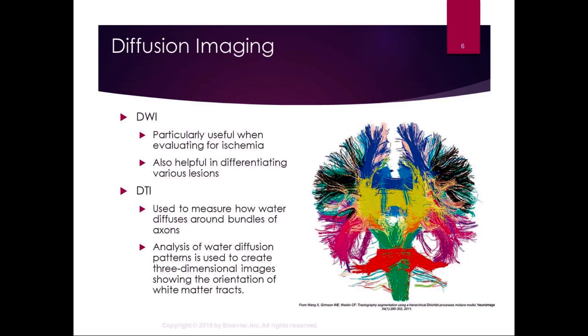And I don't expect you to know those, but really the DWI is used when they're evaluating for ischemia or differentiating various lesions. And the DTI is analysis of the water diffusion patterns used to create three-dimensional images showing the orientation of the white matter tracks, and that's cool. Those are the axons and the white matter, the myelin wrapped around them.